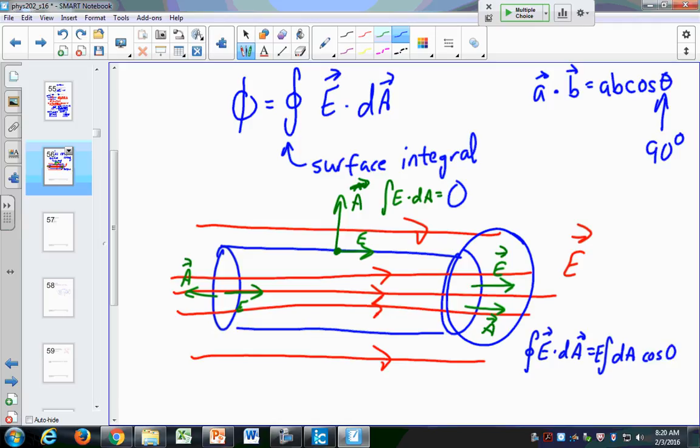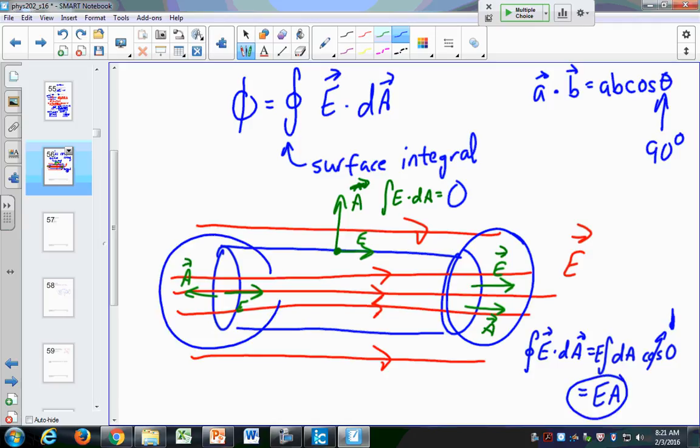But cosine of 0 is just equal to 1. So what is the result of this? This is just E times A, because the integral of dA is the area. Okay, so that is EA, and now we're almost done.